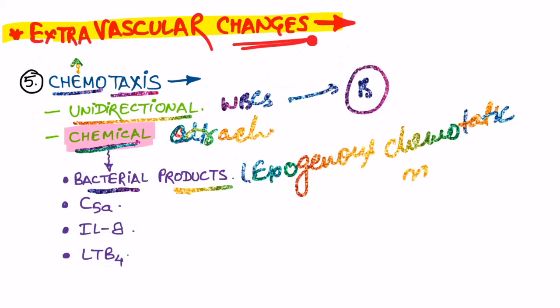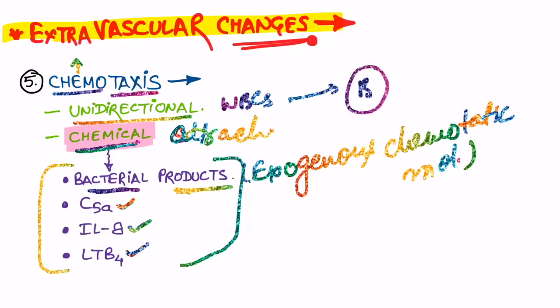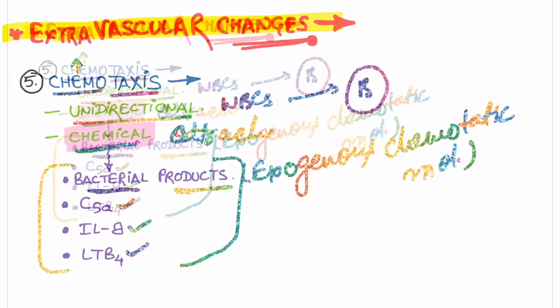Chemotactic molecules: we have complement protein C5a, interleukin 8 and leukotriene B4. So these are chemicals which attract the WBCs towards bacteria.